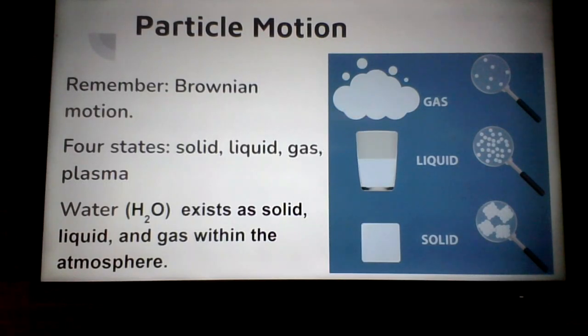H2O, you'll hear me refer to the chemical formula and the chemical name for water quite often. Dihydrogen monoxide, that comes from the 2 on the H and the unwritten 1 on the oxygen, dihydrogen monoxide. But water, as you see on the screen there, exists in all three phases of matter simultaneously in the Earth's atmosphere. Ready?